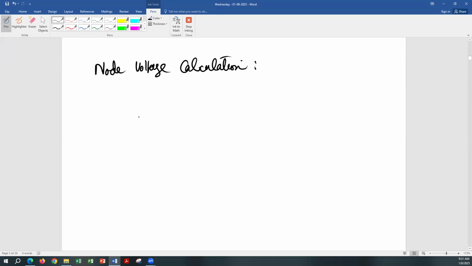Let's say from a circuit you have a branch. So let's assume that you have a resistor connected here, you have a battery, another resistor is coming here, battery, another resistor, and let's say this is the node at which you want to find the voltage.